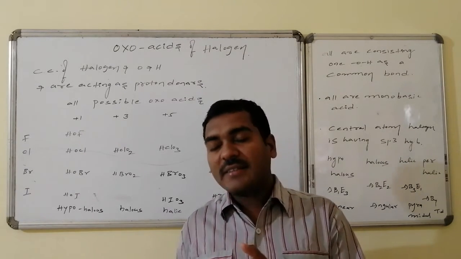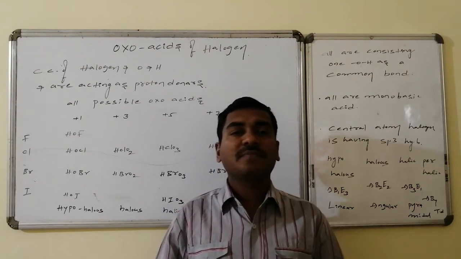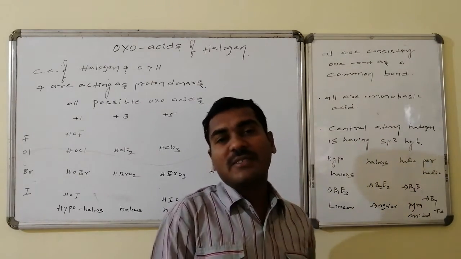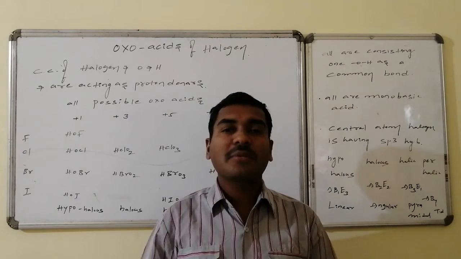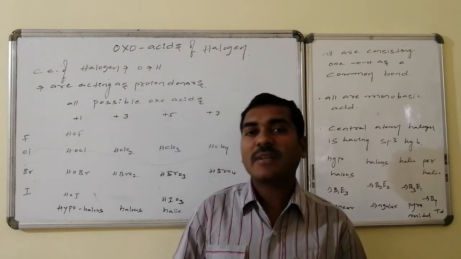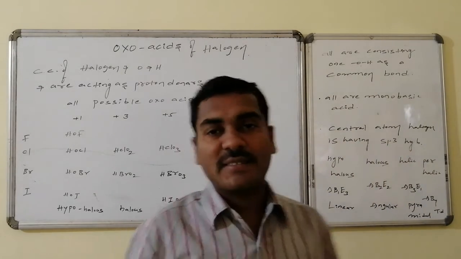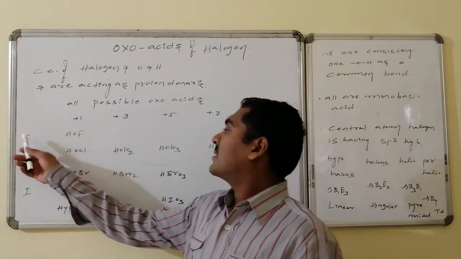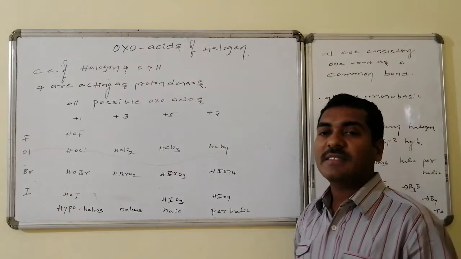There are different varieties of halogens and there are different varieties of oxidation states. On behalf of the number of halogens as well as the oxidation states, all possible varieties of oxo acids of halogen are made in the form of a table, and the table appears like this. See here, this is the halogens list and these are the corresponding different oxidation states.